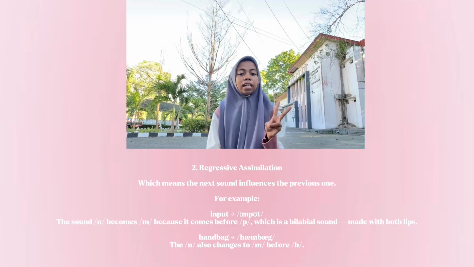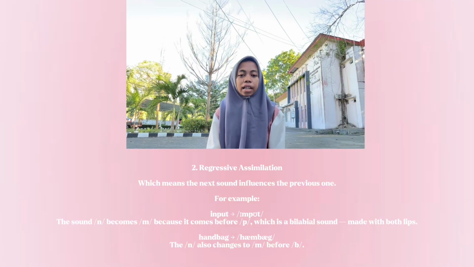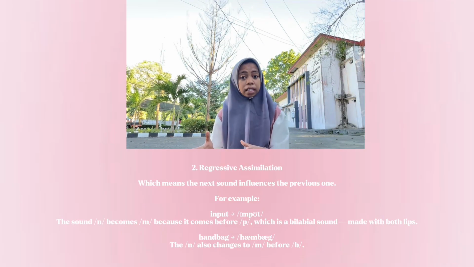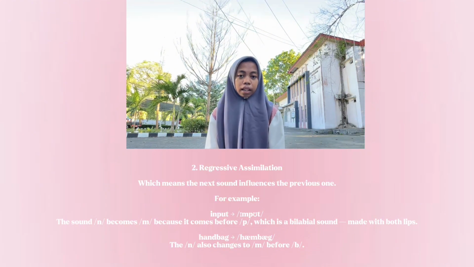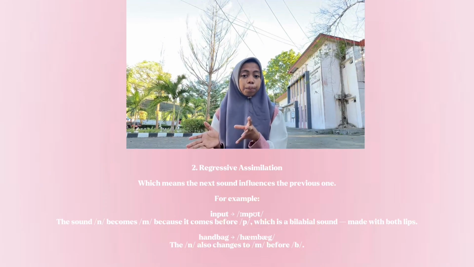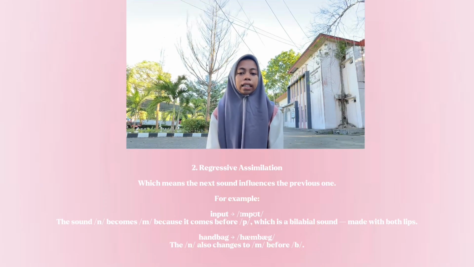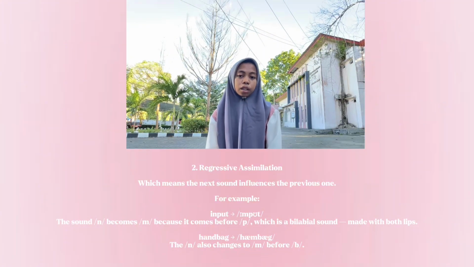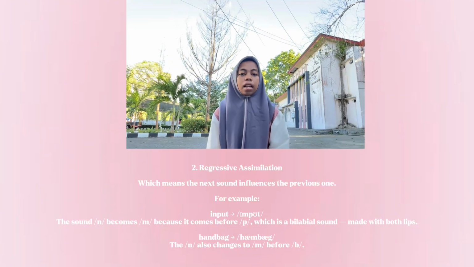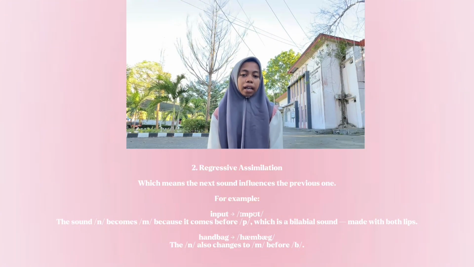The second type is regressive assimilation, which means the next sound influences the previous one. For example, input. The sound N becomes M because it comes before P, which is a bilabial sound made with both lips, like B, P, M. The second example is handbag.